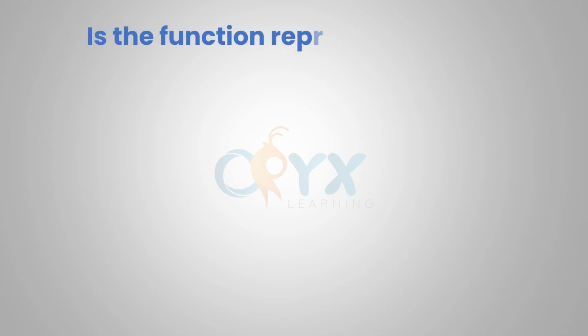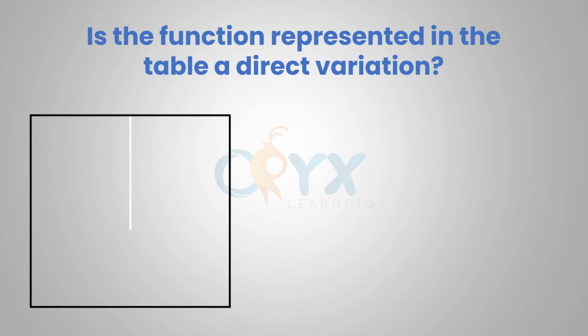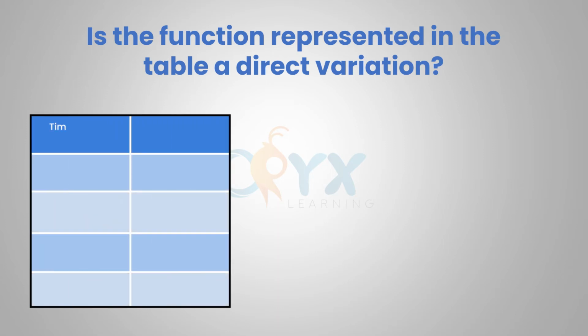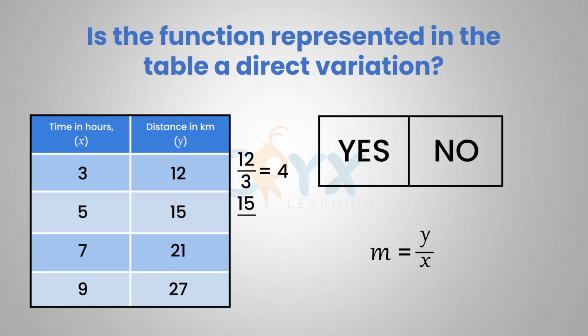Is the function represented in the table a direct variation? If we look at the table, we have time in hours and distance in kilometers. If we use the formula m equals y over x, we get 12 over 3 for the first point, 15 divided by 5, 21 divided by 7, and 27 over 9.